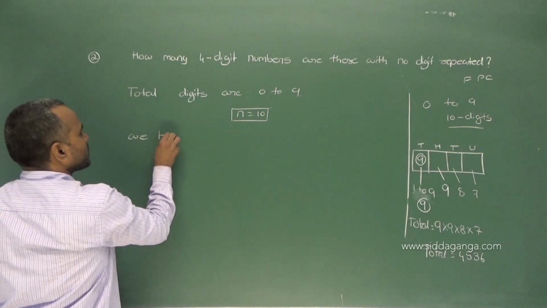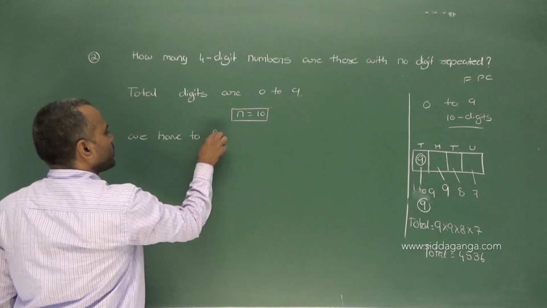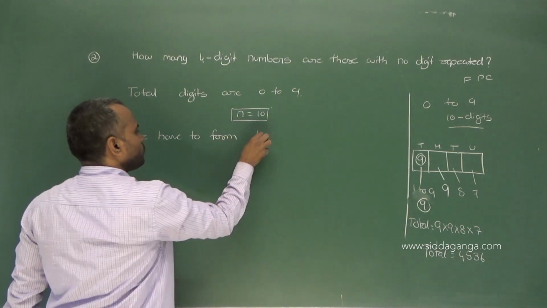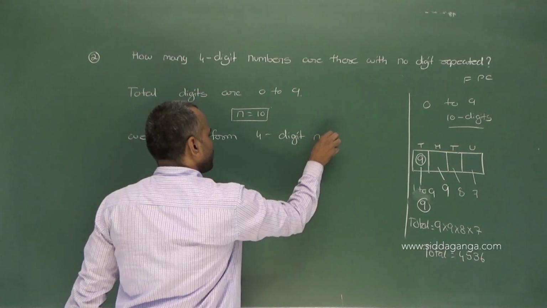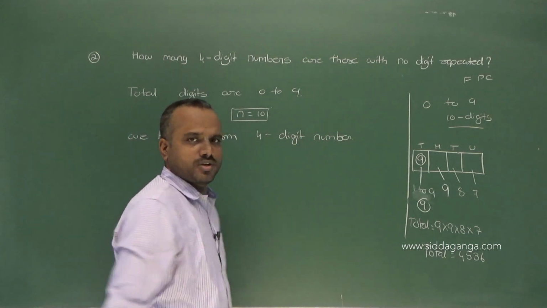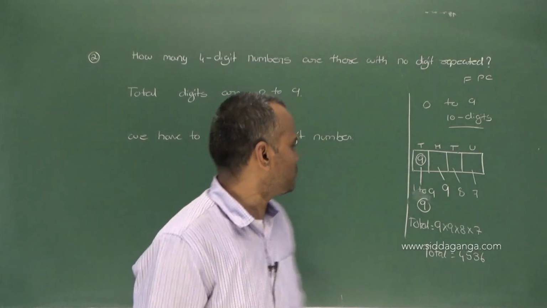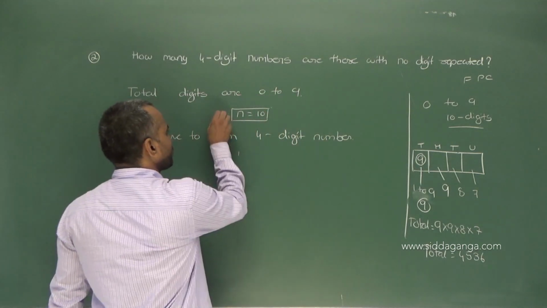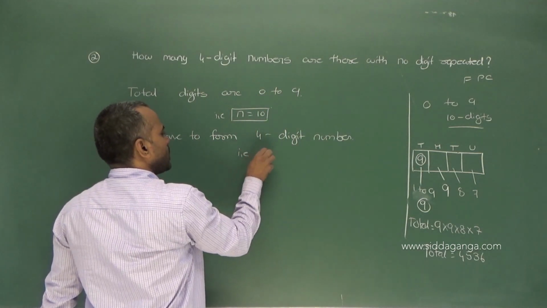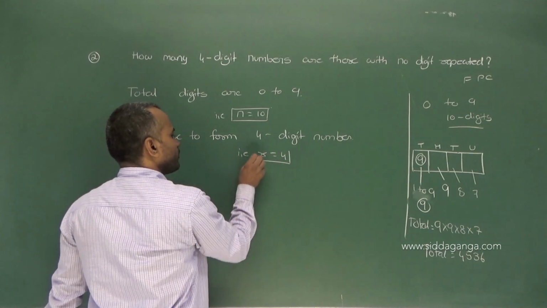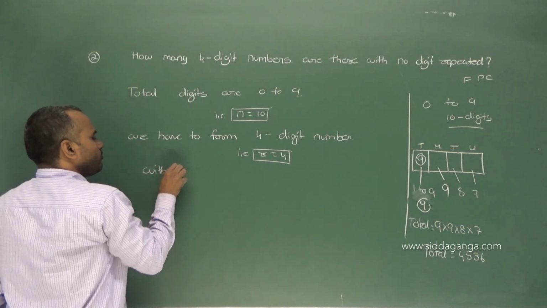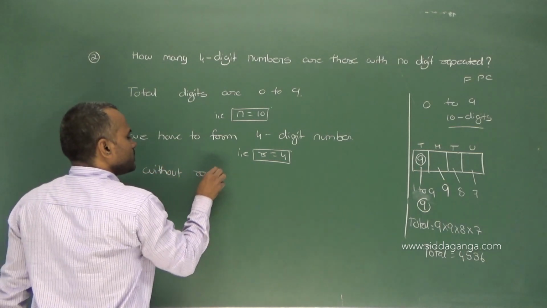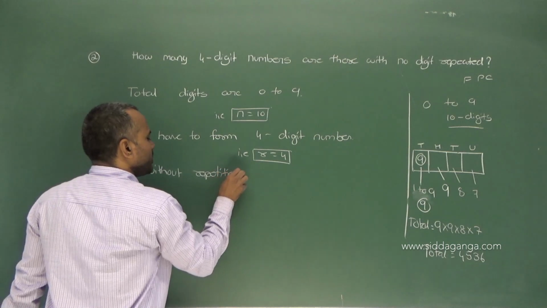We have to form a 4-digit number, that is r is equal to 4, without repetitions.